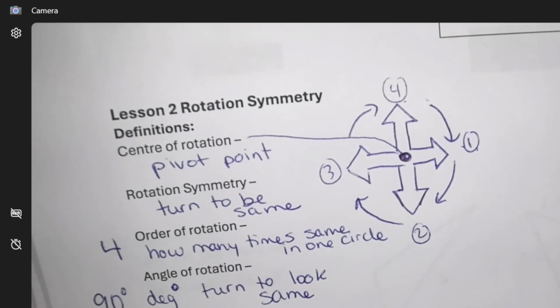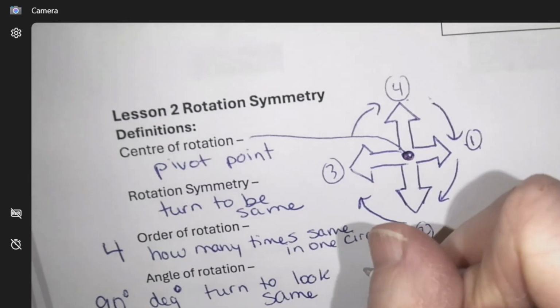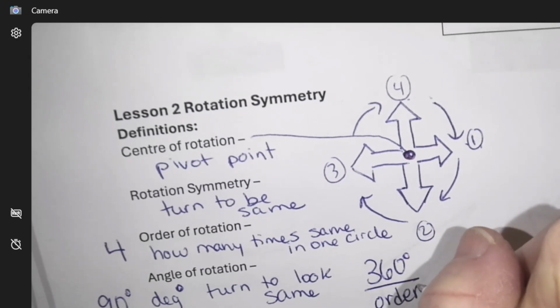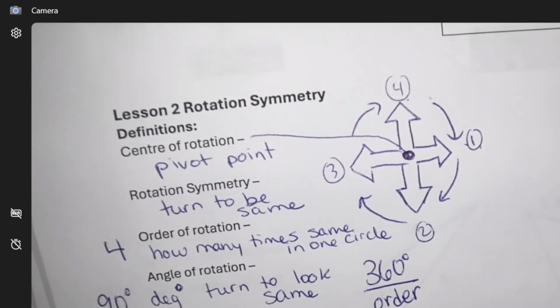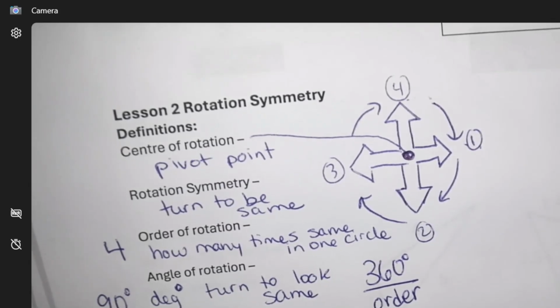If you turned it 90 degrees, it would look the exact same. I'm going to give you a little tidbit. Here's how you always do it. How many degrees are in this whole thing? 360. And you divide it by the order. So we had 4. So 360 divided by 4? 90.